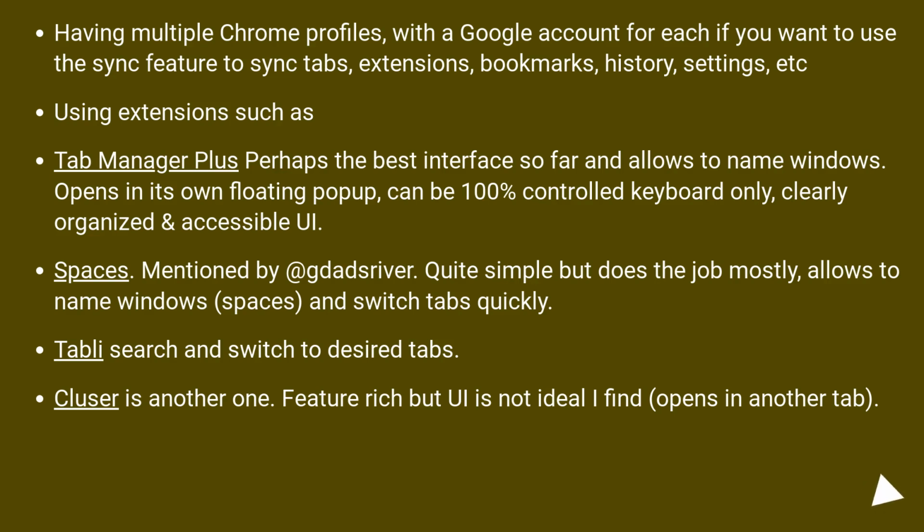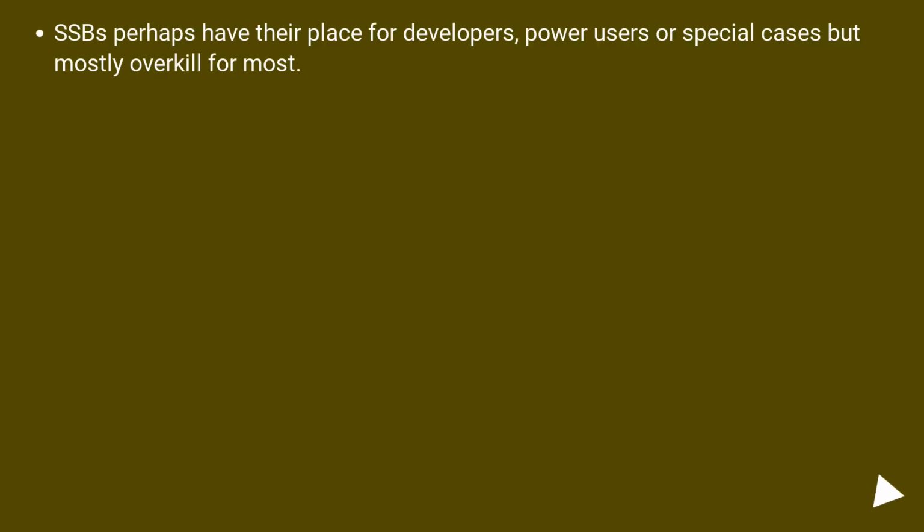Spaces, mentioned by Dad Driver. Quite simple but does the job mostly; it allows you to name windows and spaces, and switch tabs quickly. Tably searches and switches to desired tabs. Cursor is another one. Feature rich but the UI is not ideal, I find; it opens in another tab. SSBs perhaps have their place for developers.